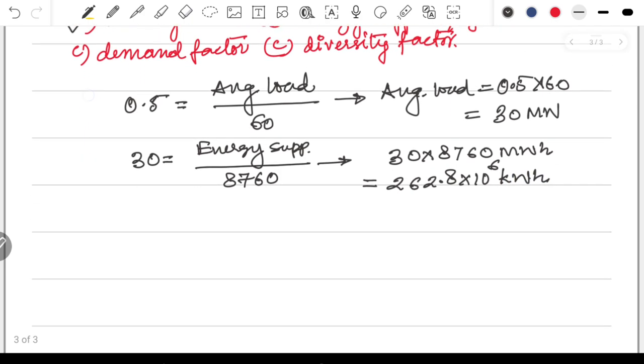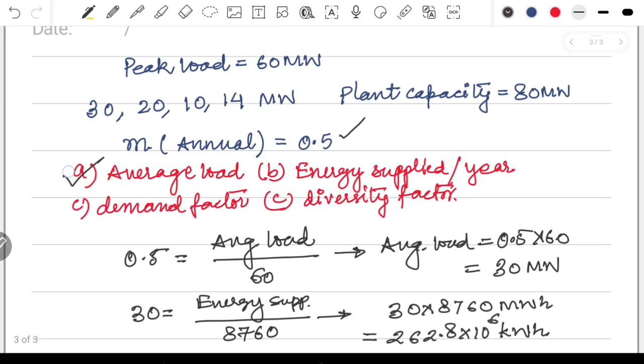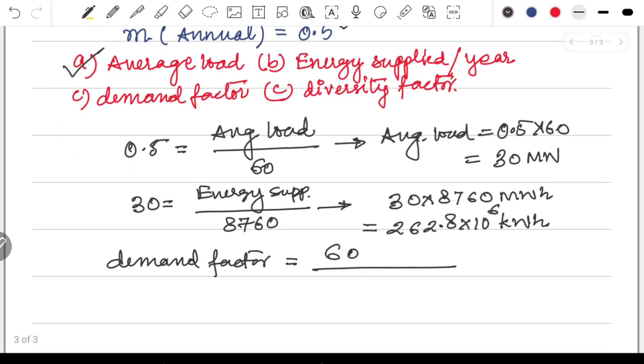Now comes the demand factor. The demand factor is the maximum demand to that of connected demand. So what is the maximum demand? It is 60 megawatt, and what the connected demand is? It is 30 plus 20 plus 10 plus 14.